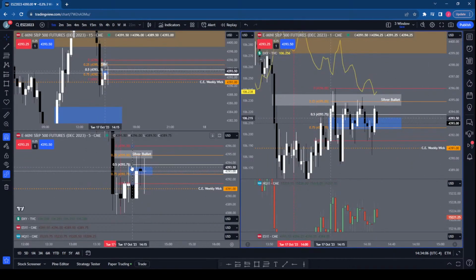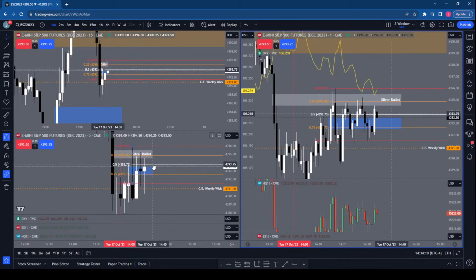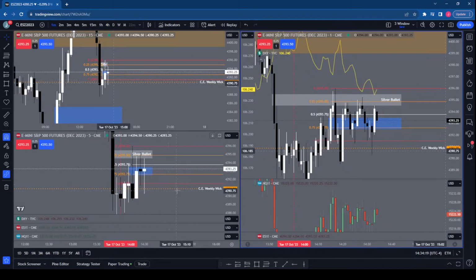Still watching the consequent encroachment of this wick though, on the 5 minute. This is the last minute in this 5 minute candle, so it seems like again it might hold down price, which is good for downside.